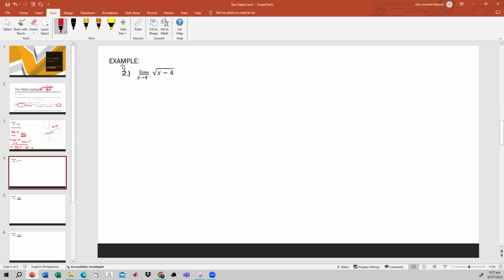Okay, let's try this example. So what if we have the limit of square root of x minus 4 as x approaches 4 from the left? So again, you will notice, class, that if you take the limit of square root of x minus 4 as x approaches 4 from the left, what will happen?